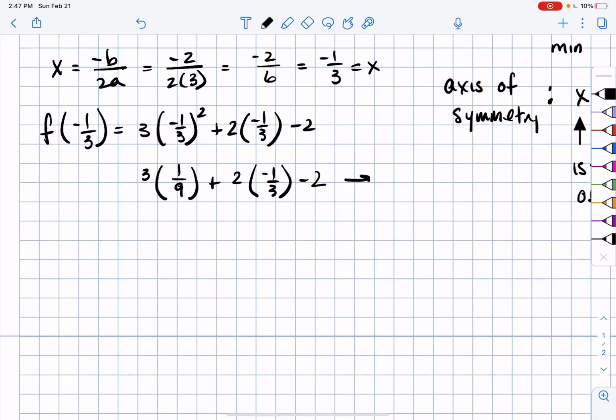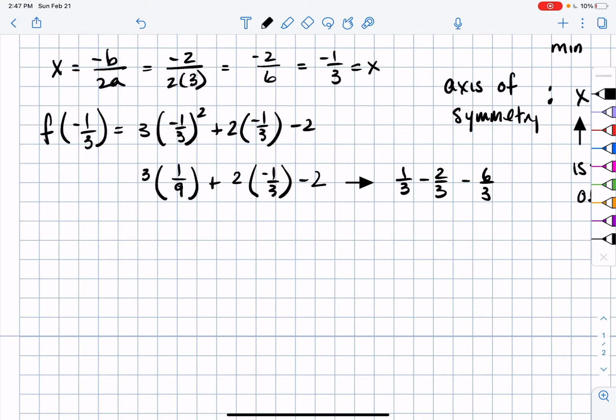So that is going to give me 1/3 minus 2/3 minus 2. Which, really speaking, the 2 is actually 6/3, because 6 divided by 3 would be 2.